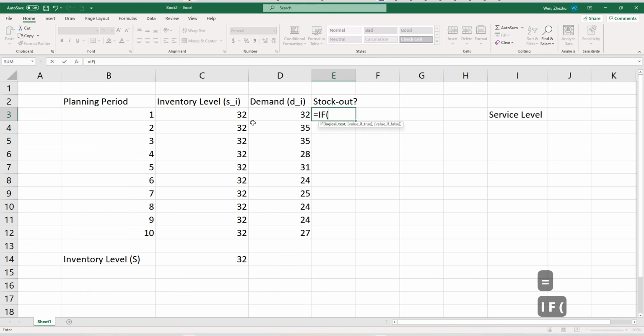If the demand is greater than inventory, this is called stock out, which I'm going to indicate with number 1. Otherwise, it's 0.